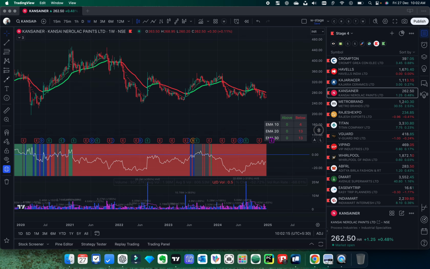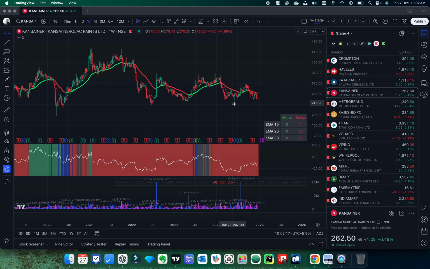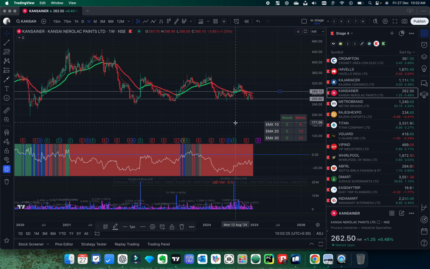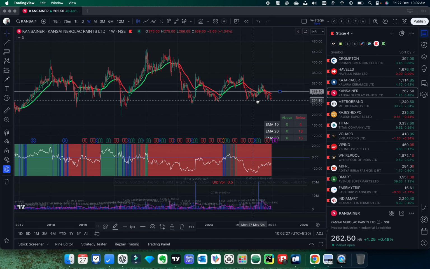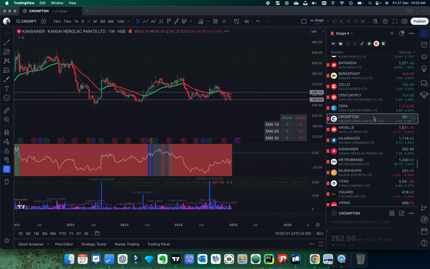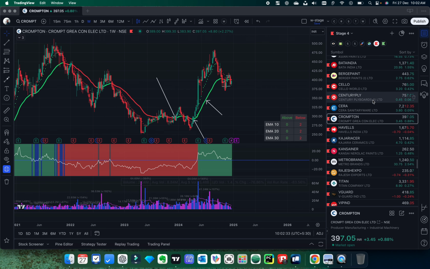Now this is also one of the stock which has taken a well defined support here, and there is a resistance over here. So this is in a stage 1, basing stage. Uptrend, and then again it is forming a base here.